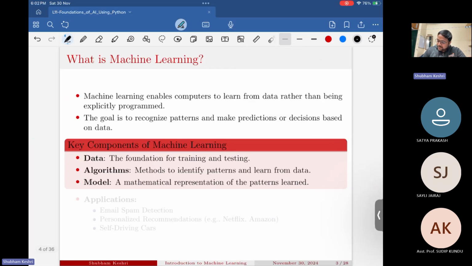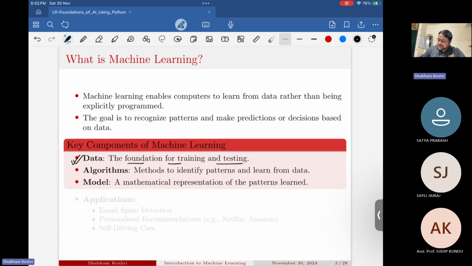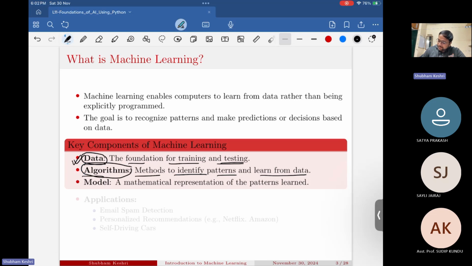So the goal is to recognize patterns and make predictions or decisions based on data. The key components of machine learning start with data. Data is the main driver of machine learning concepts. It is the foundation for training and testing. We'll see what is training and what is testing. Then the algorithms, the methods to identify the patterns and learn from the data. We'll see what algorithms are being used by the computer to understand this data, identify patterns, and understand what the data is telling us.